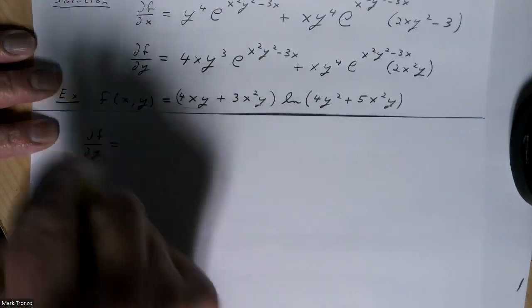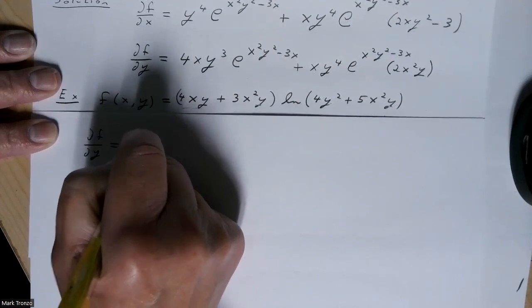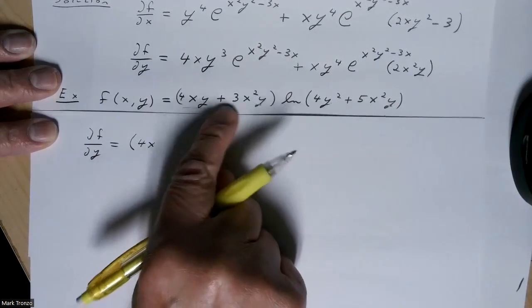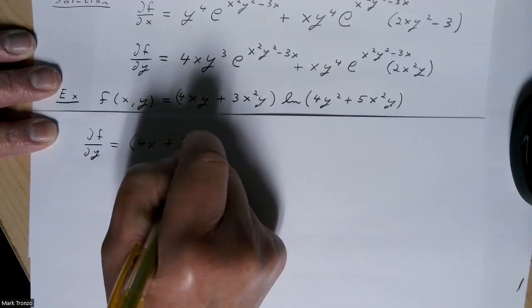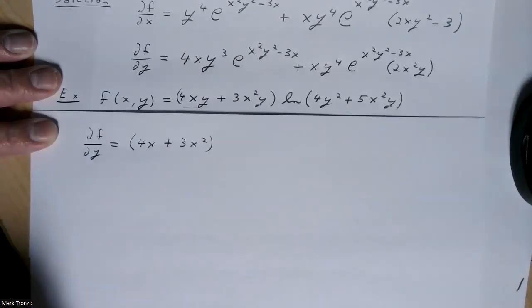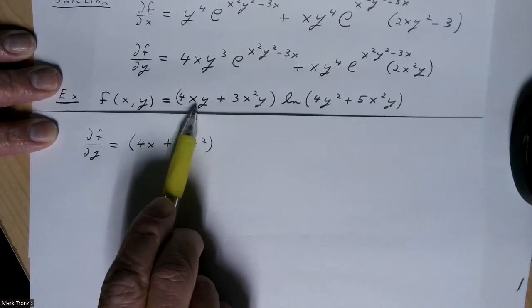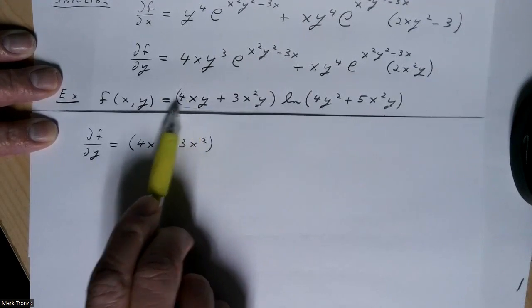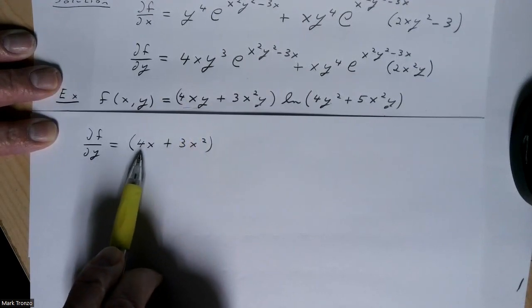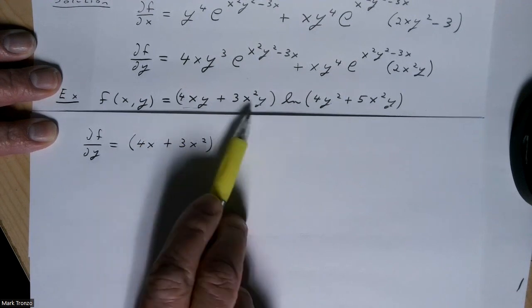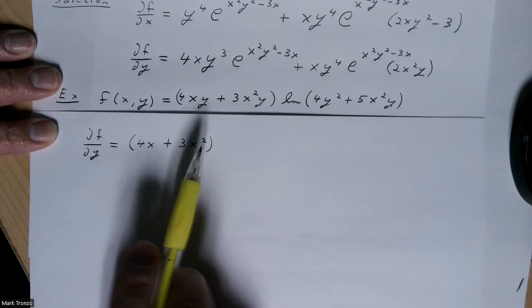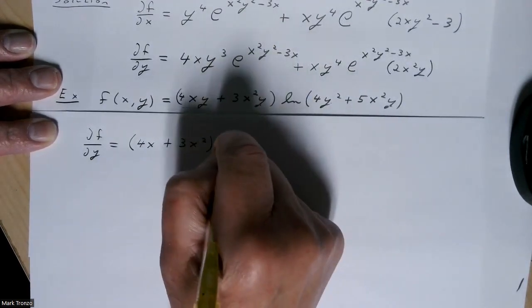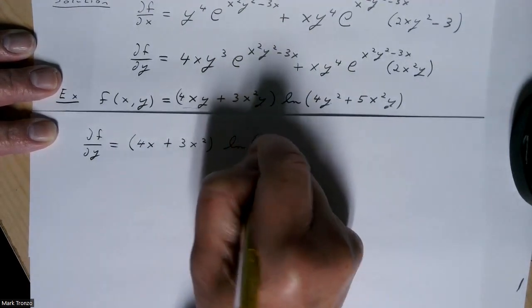Again, the derivative of the first could be 4x plus 3x squared. Notice, because this is like a constant times y, the derivative of that with respect to y is just going to be 4x, the constant. This is like a constant times y, the derivative of that will be just a constant, times the log.